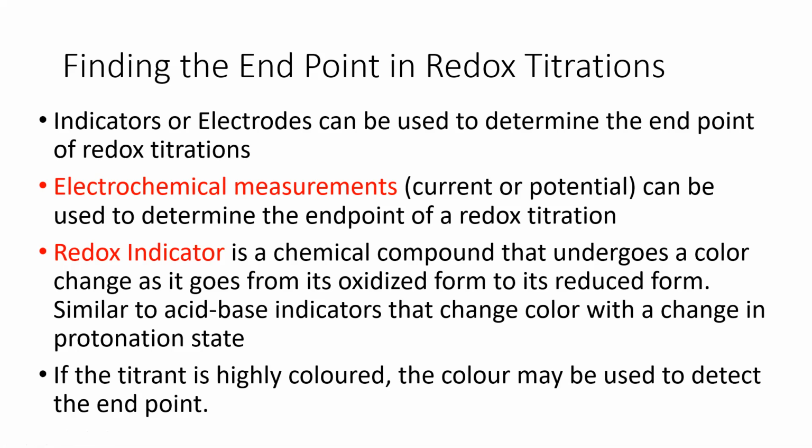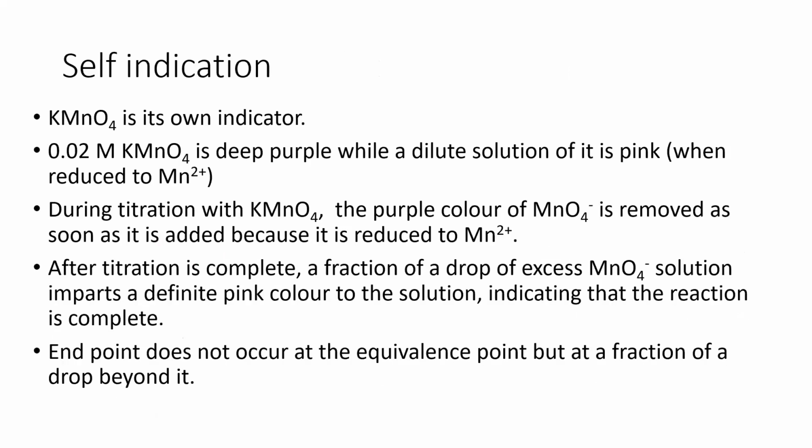So for redox titration, there would also be a color change as the indicator changes from one form to the other, either from the oxidized form to the reduced form or from the reduced form to the oxidized form. And if the titrant is highly colored, the color may be used to detect the endpoint.